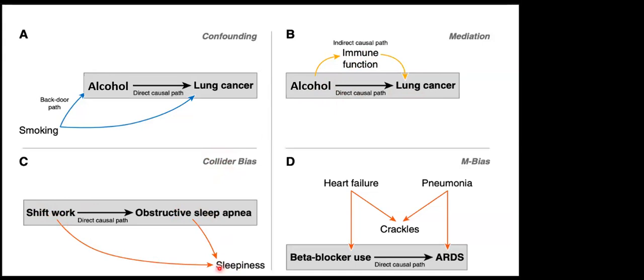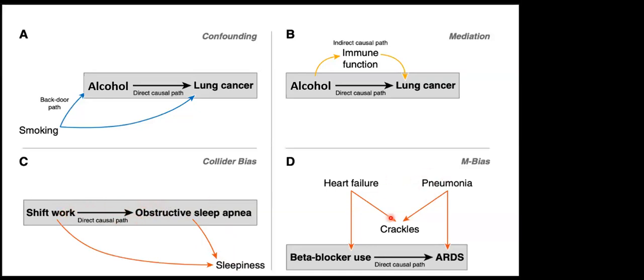This is called a collider. If you adjust for a collider, so if you include a collider as an independent variable, then the association between your independent variable and the outcome, which you are presumably hoping is causal, can have big bias. It can even flip the association from positive to negative.